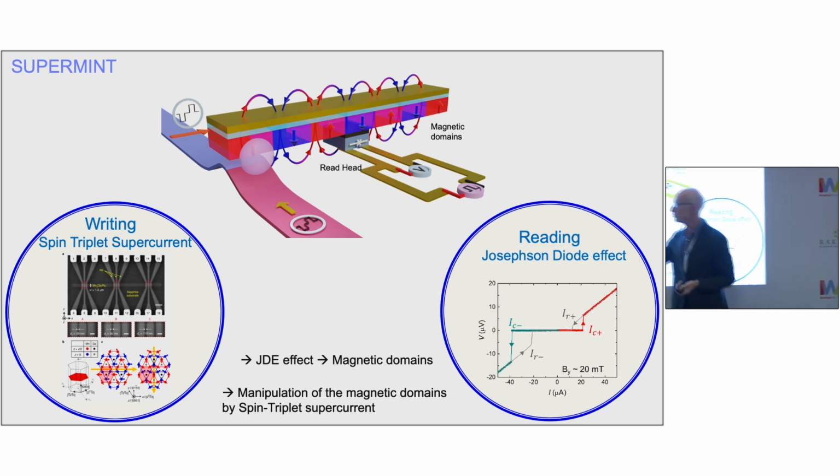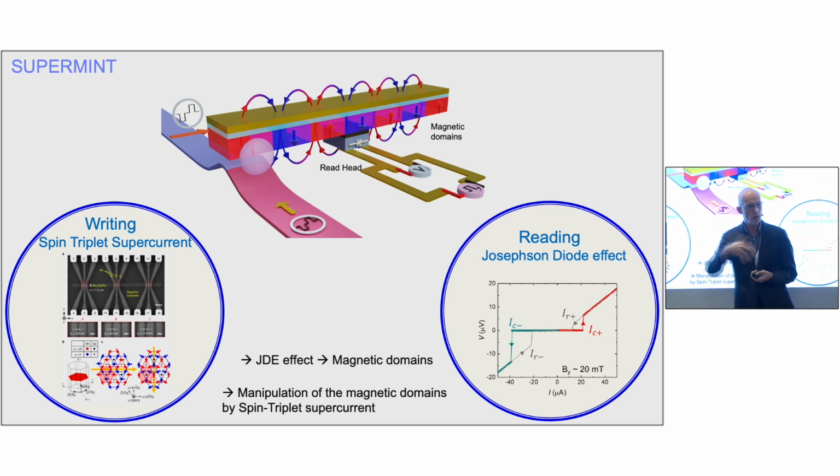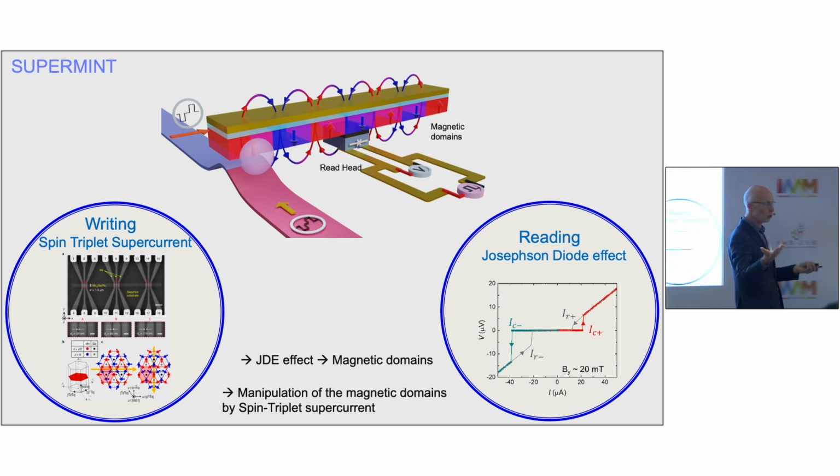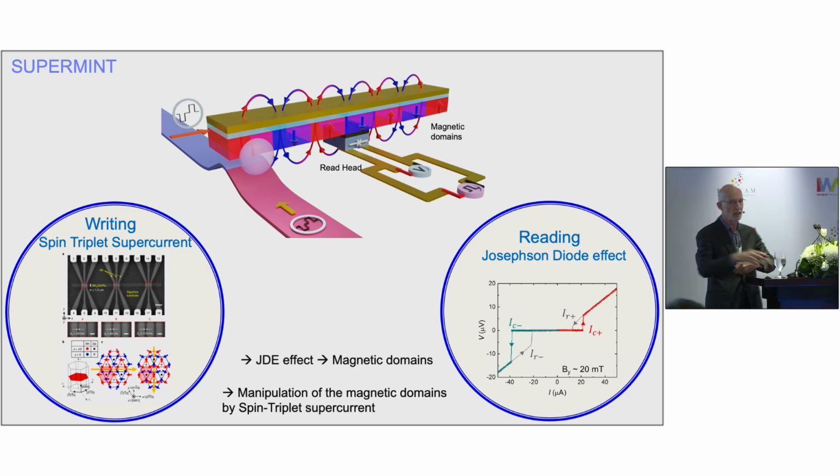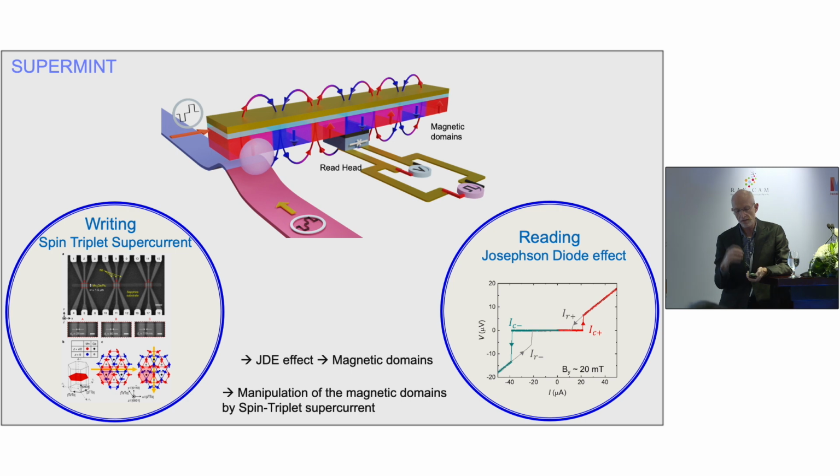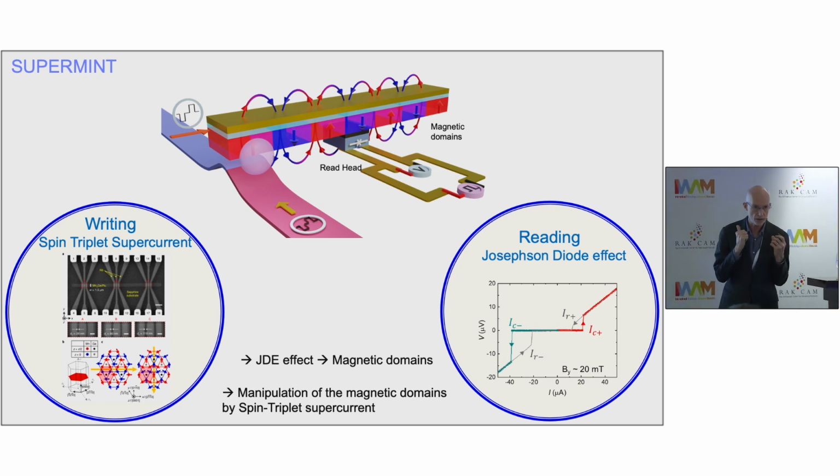We want to use spin triplet supercurrents. So all of you know that nearly all superconducting systems known today, with one or two exceptions, have singlet superconducting Cooper pairs, where the Cooper pairs comprise two electrons with opposite momenta and opposite spin. No spin angular momentum.